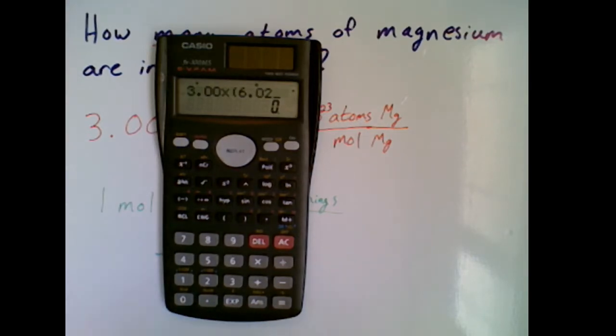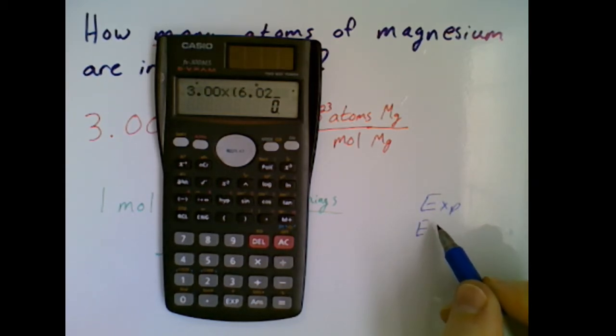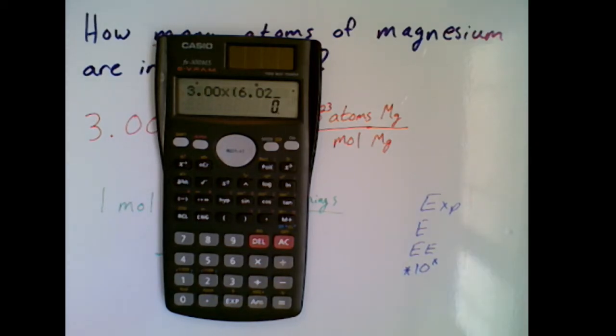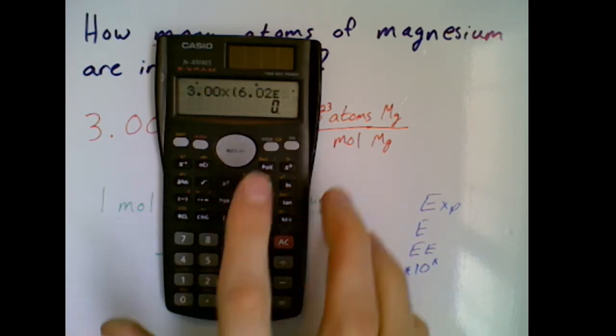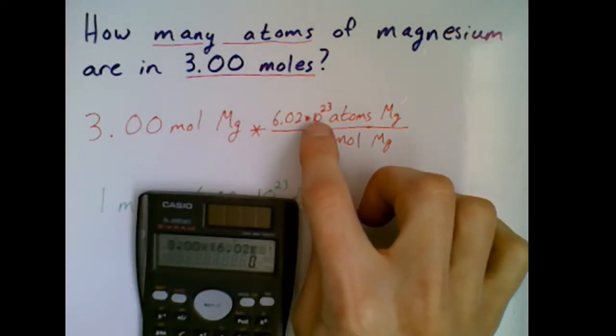Chances are this button says EXP. It may say E, it might say EE, or it might actually just say times 10 to the X. And so whatever button you're using, you want to find the scientific notation function on your calculator, and press that. Mine says E, and that is times 10.